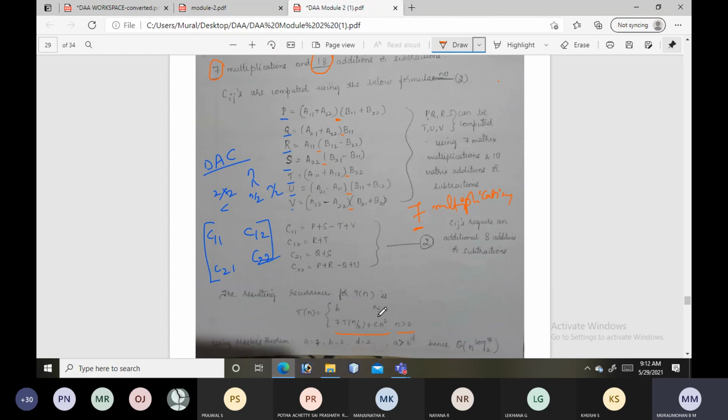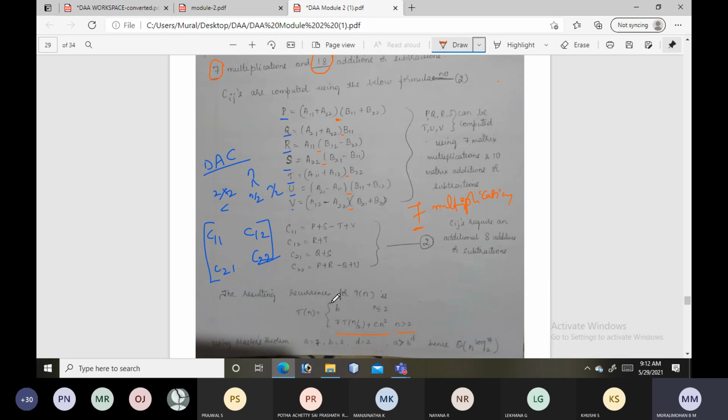If n is less than or equal to 2, it takes some constant time, here it is b. Either you can take it as b constant time, or I will take the constant as 1.